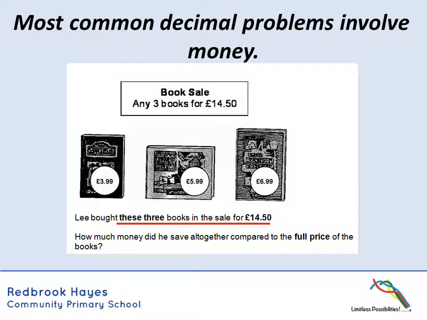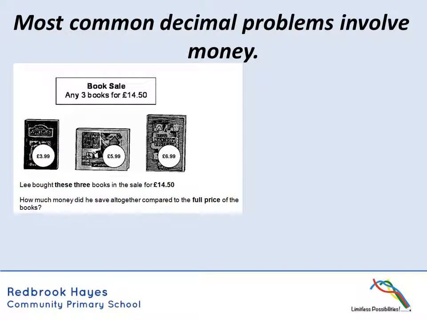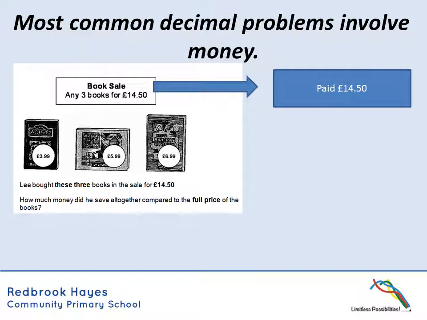So let's have a little look at the key information. Obviously that's the price that he's actually paid, that's the sale price. And we need to work out what that full price was and then compare the two amounts together. So picking out the key information, we've got that's how much he's paid, so we're not going to have to do anything with that.